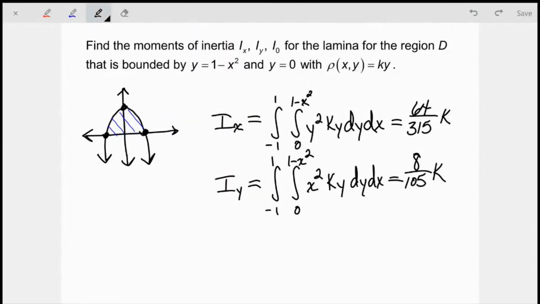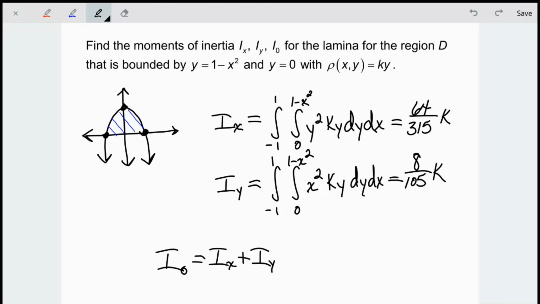Okay, so they actually also asked us for the moment about the origin this time. So the moment about the origin, remember, is just the moment about the x plus the moment about the y. And remember, it's not so much that it's the x plus the y, it's just that that's what it simplifies down into, because we're thinking about the distance from the origin in a two-dimensional plane. The distance from the origin is just the square root of x squared plus y squared, right?